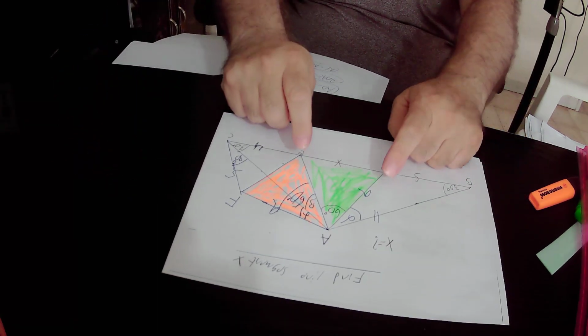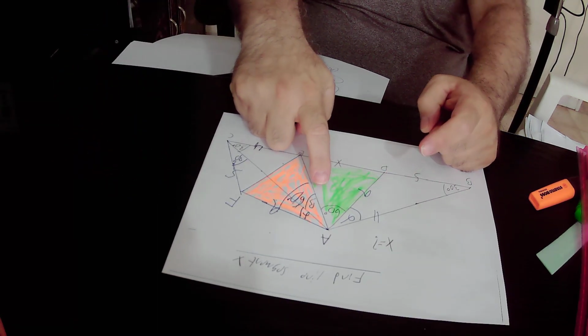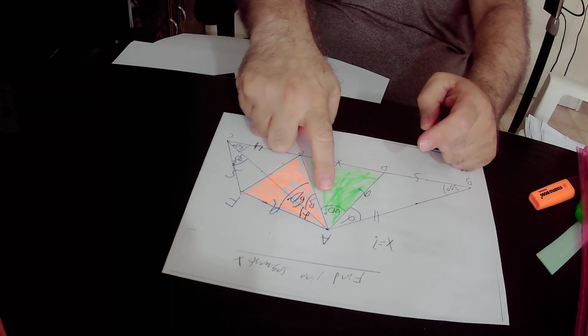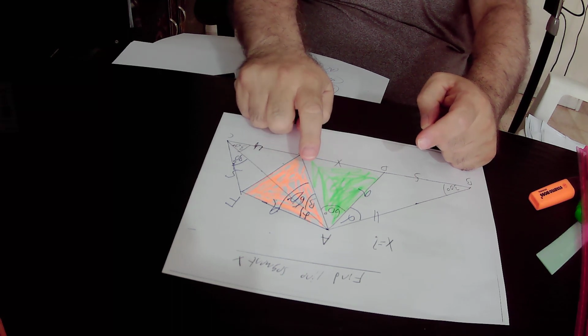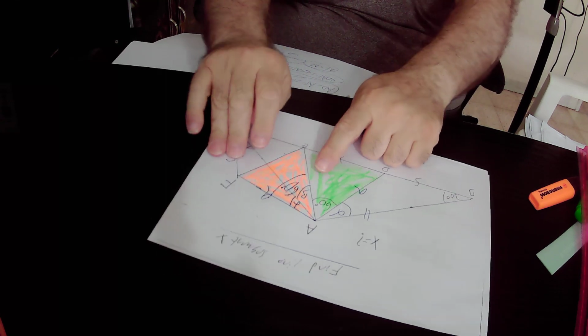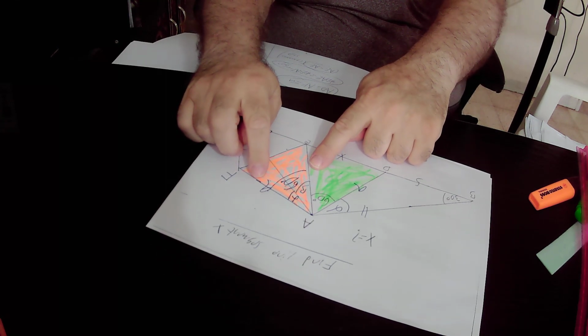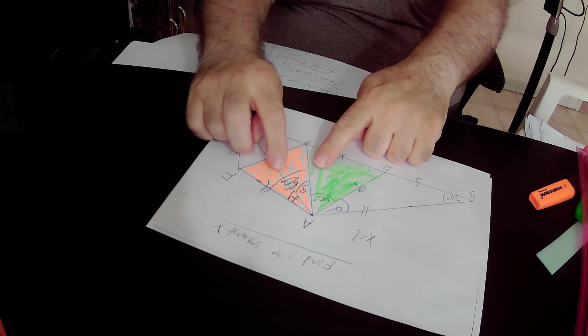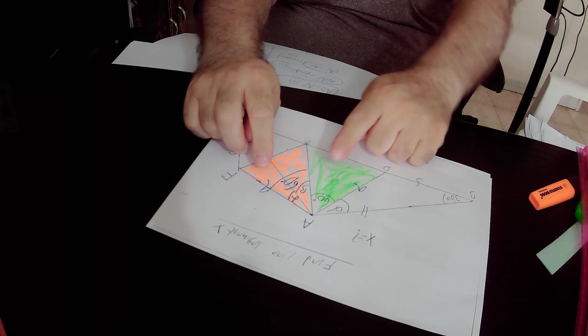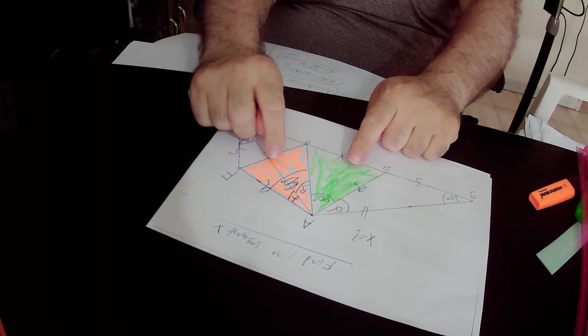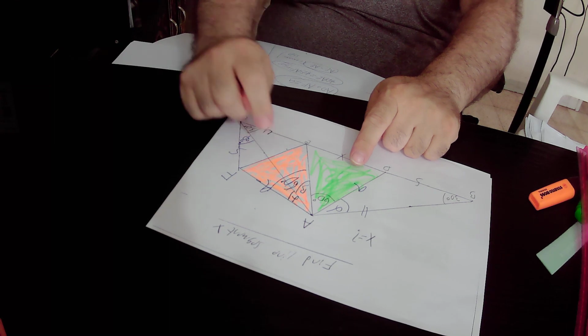In the green triangle we have those two sides, and the angle located between them are correspondingly congruent to those two sides and the angle between them in the orange triangle. Therefore those two triangles are congruent according to side angle side rule.